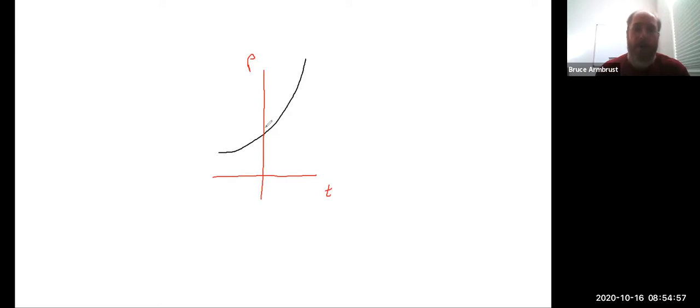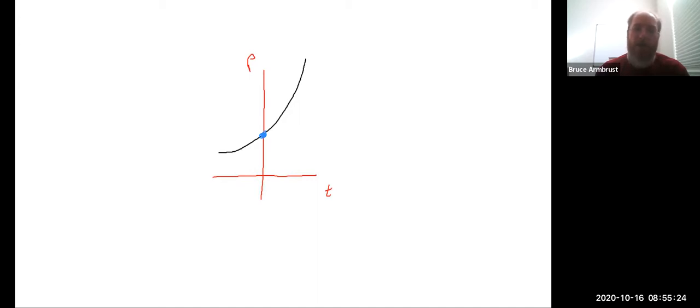We do know that this point right there, we know its value. We know its Y value. That was that initial population, right? So in this case, that was 596.